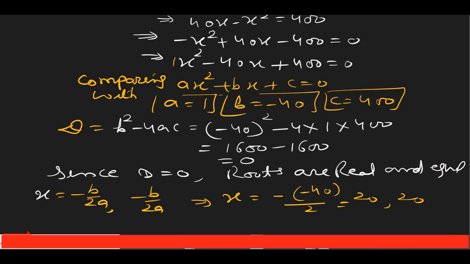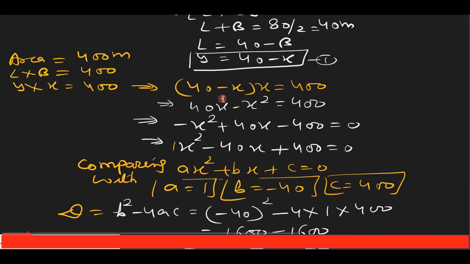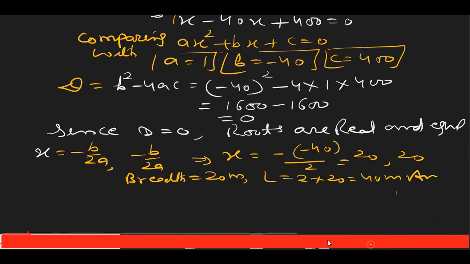So breadth is 20 meter and length is 40 minus x.